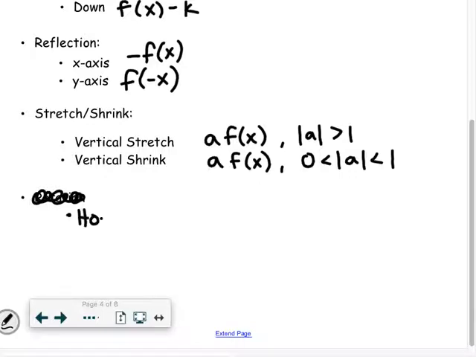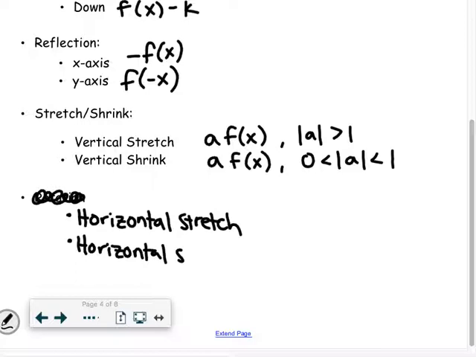We'll put in horizontal stretch and horizontal shrink. And those things happen horizontally. So horizontally is with your x.